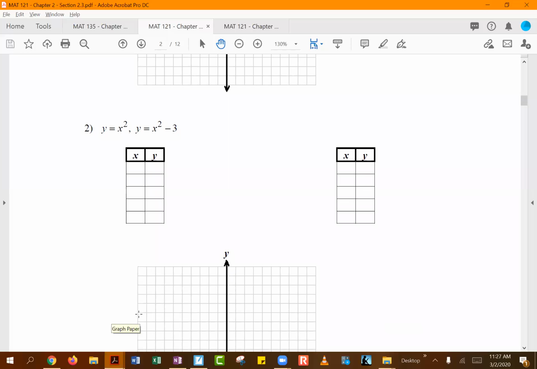Y equals x squared as our base function, and then you've got y equals x squared minus 3. So even for the x squared function, you can use your -2, -1, 0, 1, and 2. So you can use those standard 5 points for x squared, and then we'll do x squared minus 3 on the other side.